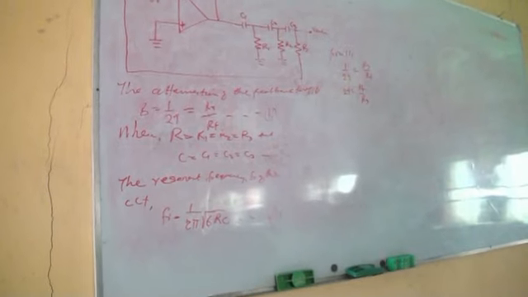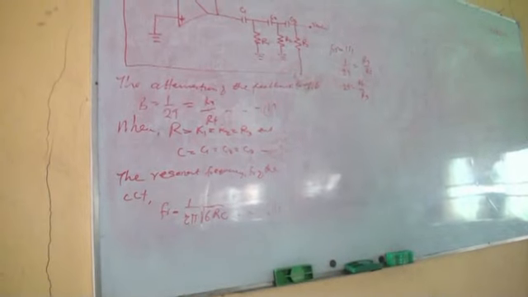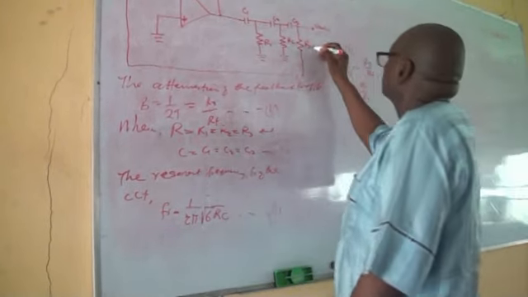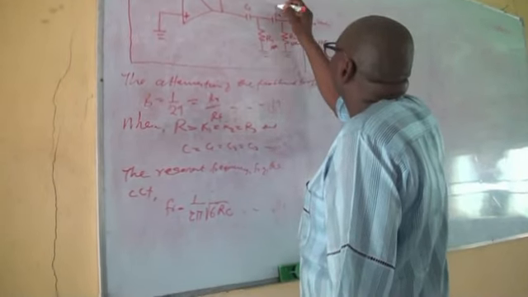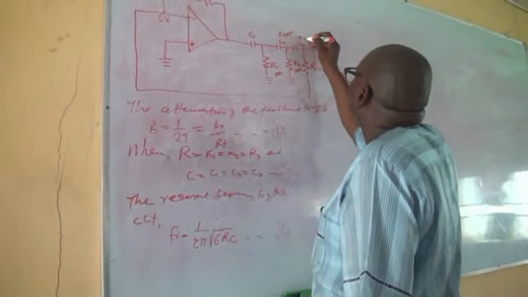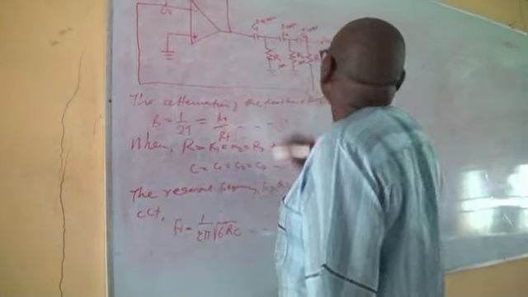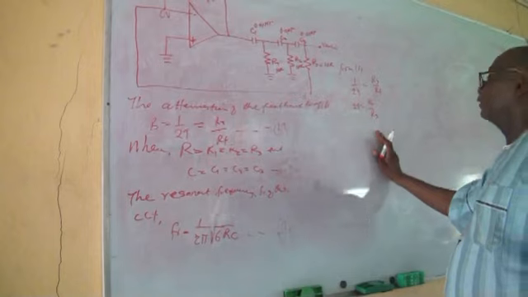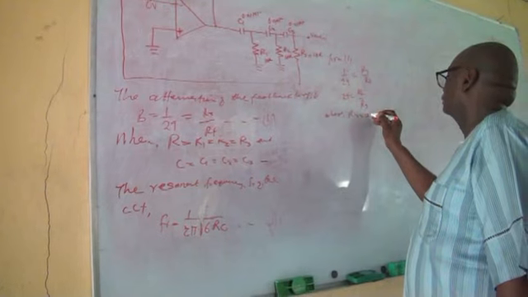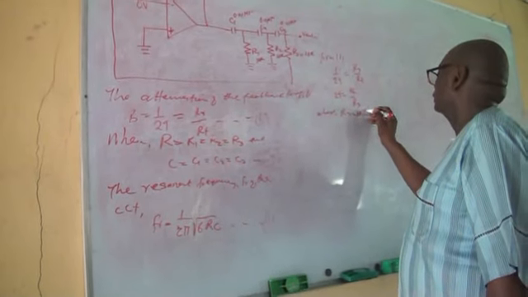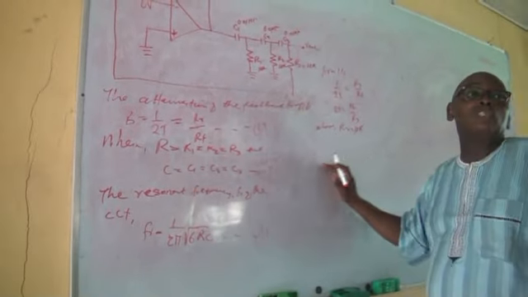If we really want to get RF, let me give the values for the components. R1, R2, R3 are each 10K, from the question. The capacitors are 0.01 microfarad. You are expected to know the value of R3, which equals 10K, because you are told to find RF, the feedback resistor.